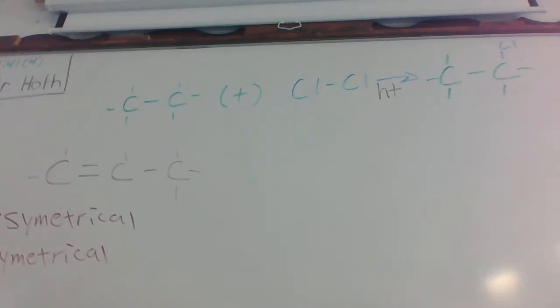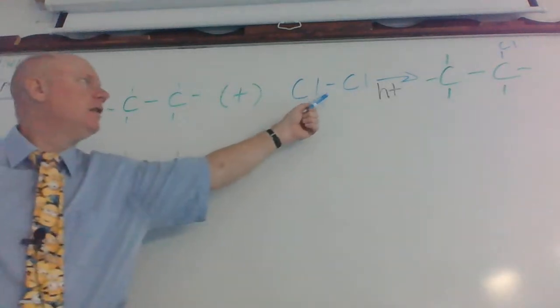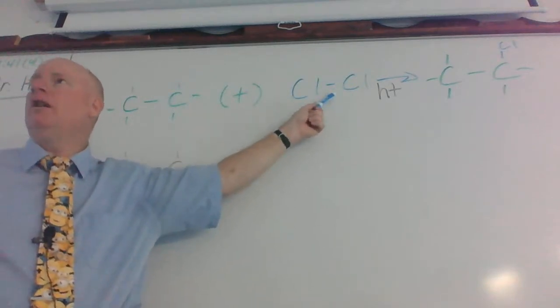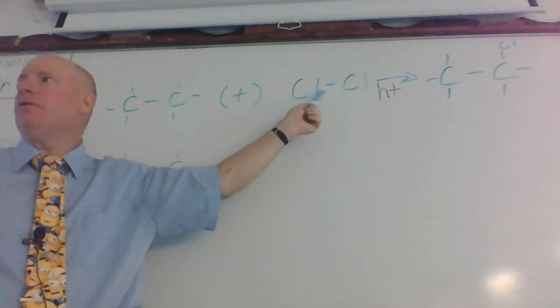Now, there's going to be a whole set of reactants that you can use. And what that means is, if something is asymmetrical, do you suppose that's the same, or is it kind of lopsided? Two sides. Okay, so it means it's lopsided. So symmetrical would refer to this: you have chlorine atoms on both sides of the bond, or they're bonded together.